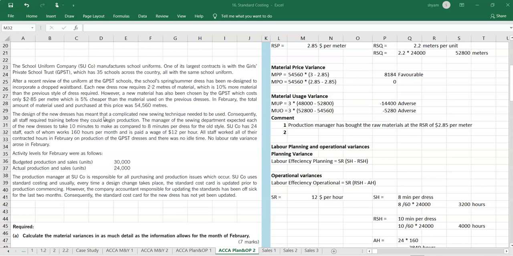The design of the new dress has meant that a complicated new sewing technique is needed, and consequently all staff required training before they could begin production. So that might be the problem.